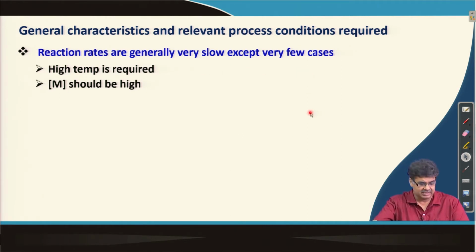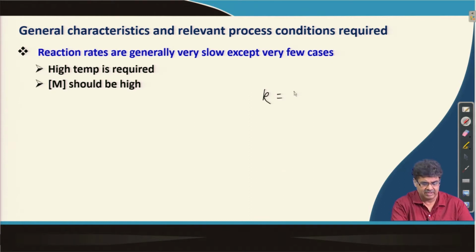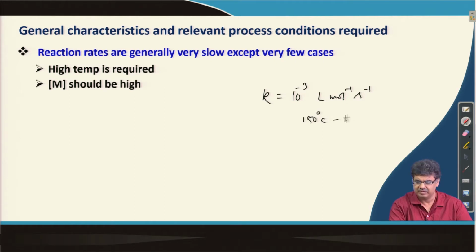In fact, the rate constant for polycarbonate step polymerization is of the order of 10 to the power minus 3 liter mole inverse second inverse in the range of 150 to 250 degree centigrade.